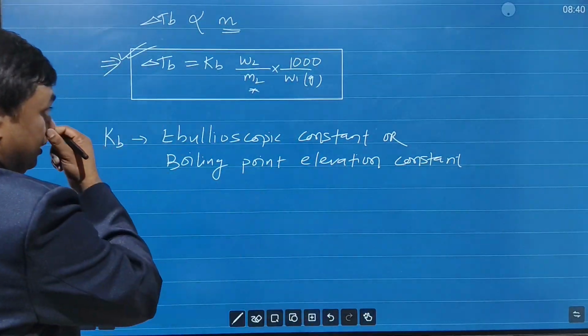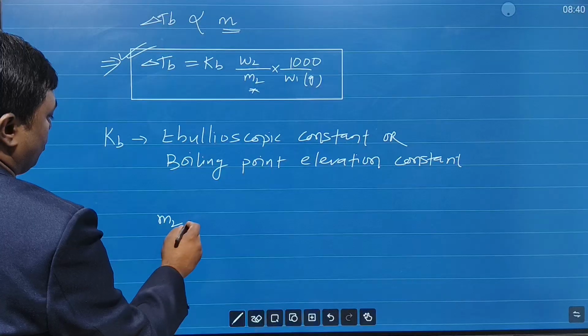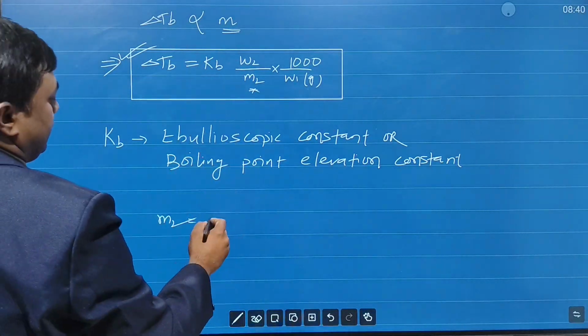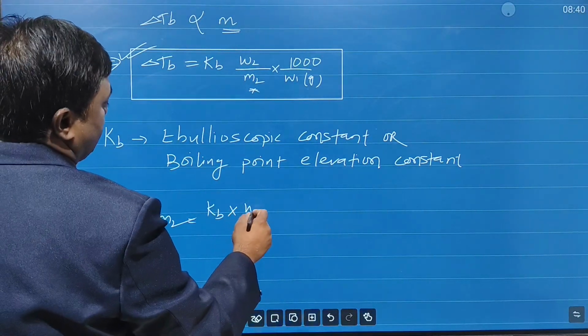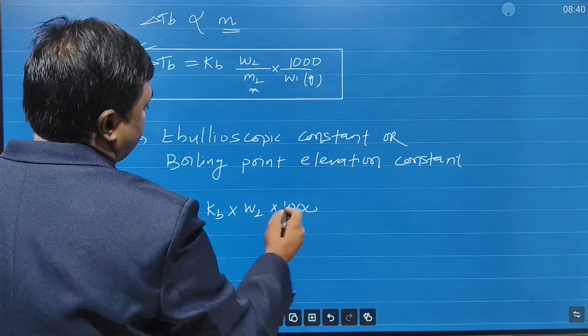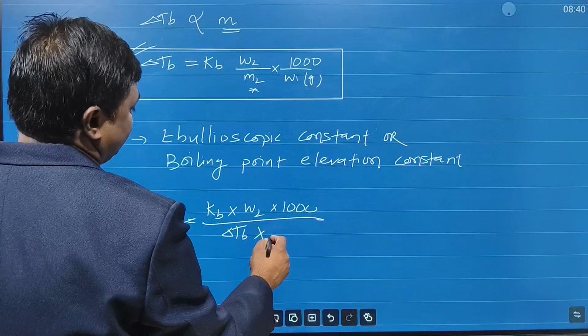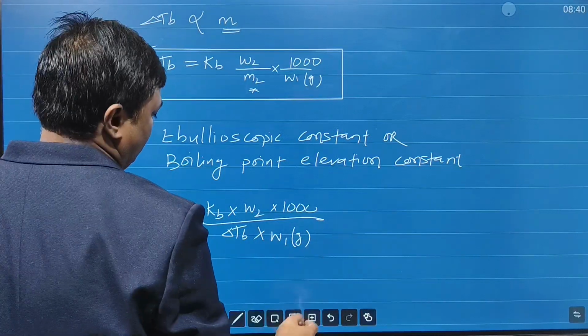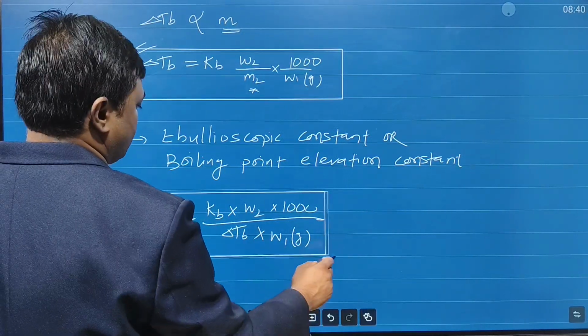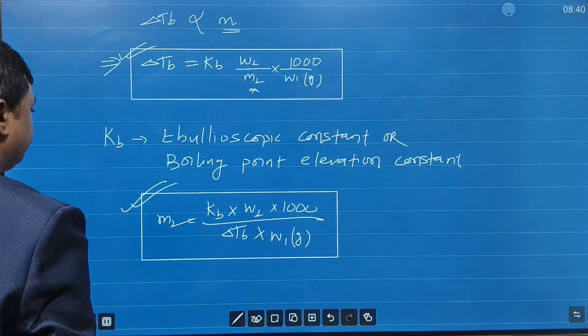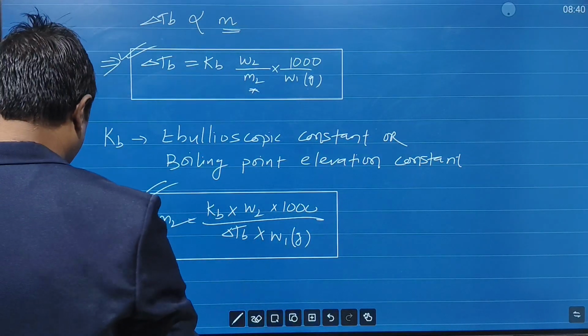Am I clear? So we can write the formula for M2 also. M2 is nothing but Kb into W2 into 1000 upon delta Tb into W1 in gram. Directly you can use this formula to find M2 also. Or best, you remember this formula only.